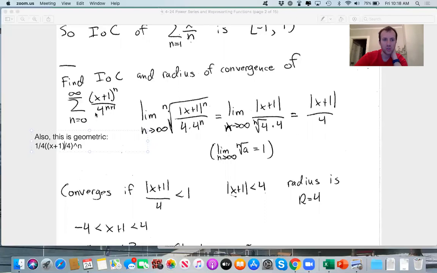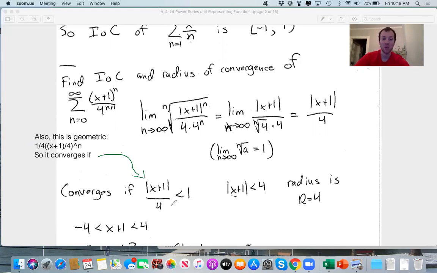So if we take this extra 4 out, then we have (x plus 1) to the n divided by 4 to the n. We can write that with a single exponent. And that jump gets us to right here. A geometric series converges if the absolute value of what you're raising to the nth power is less than 1.